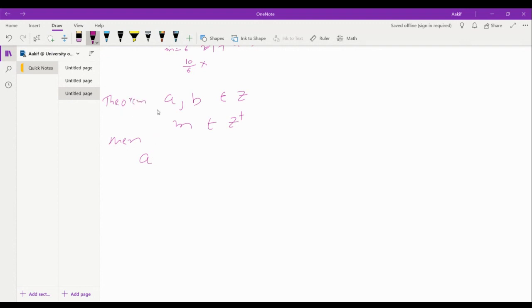This theorem states that if A and B both are integers and M is a positive integer, then A is congruent to B mod M if and only if A mod M is equal to B mod M.